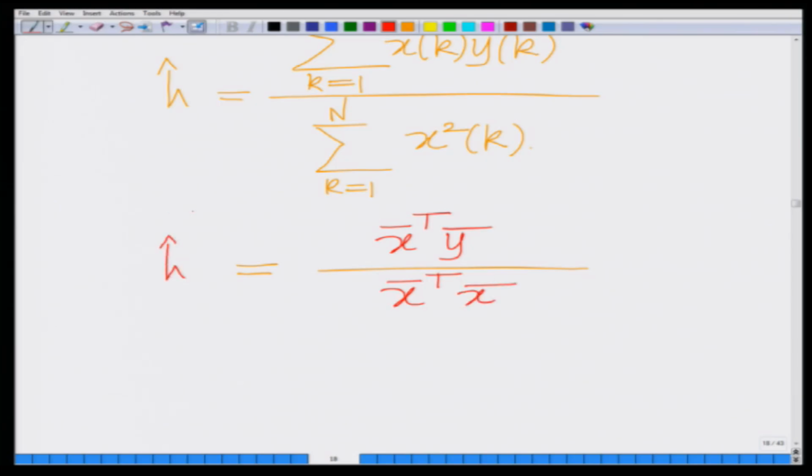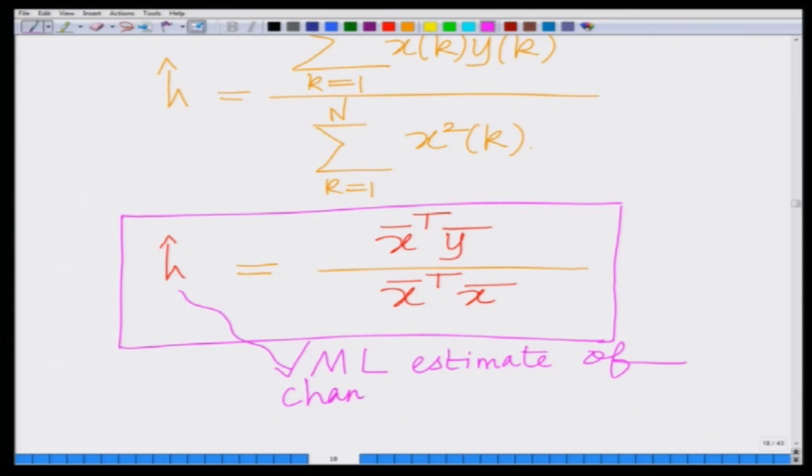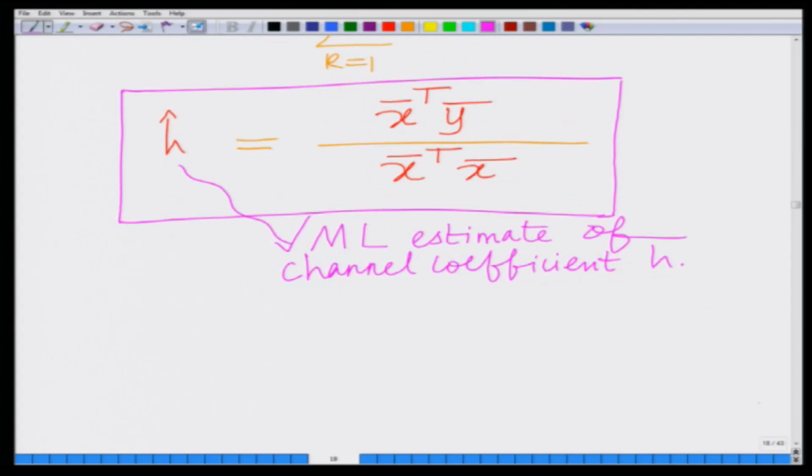This is another interesting, compact way to represent the maximum likelihood estimate of the channel coefficient h. Let us remind ourselves again, this is the ML estimate of the channel coefficient h.